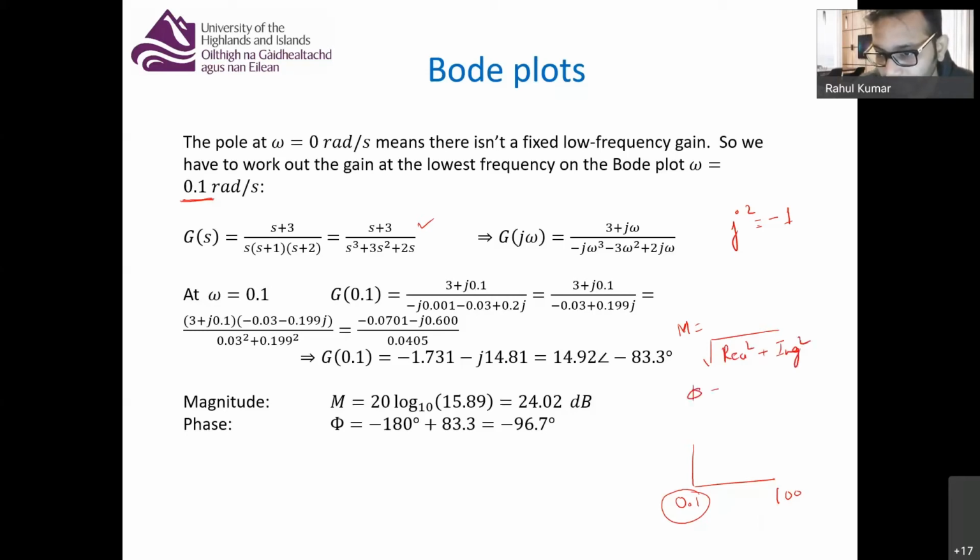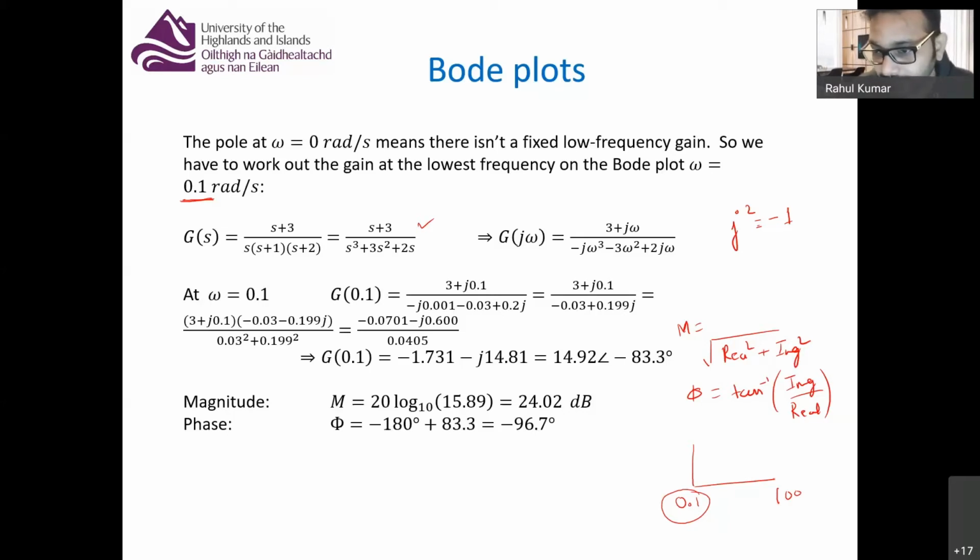For the phase, you take tan inverse of the imaginary part divided by the real part. You can do it this way, or using your calculator you can convert the complex number into polar form.